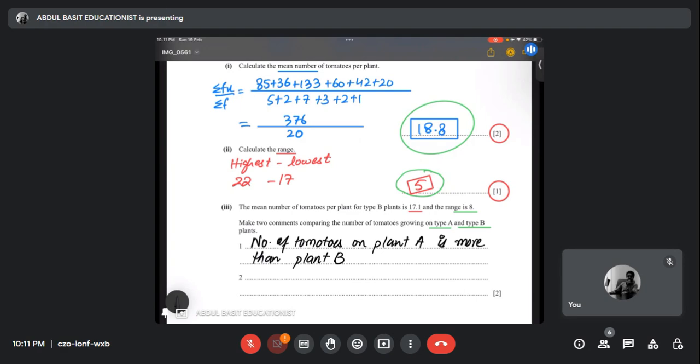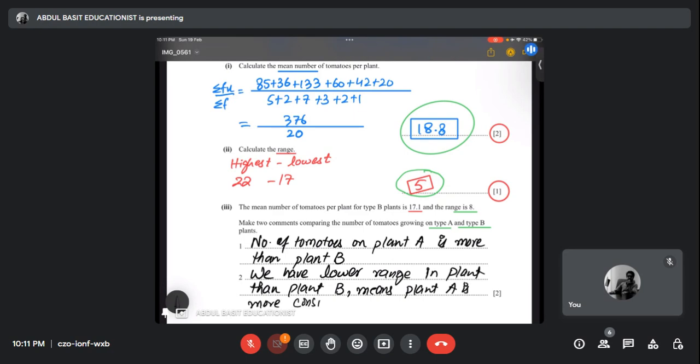So we can say that we have lower range in plant A than plant B. Means plant A is more consistent. Plant A is more consistent than plant B. Is this clear everybody?